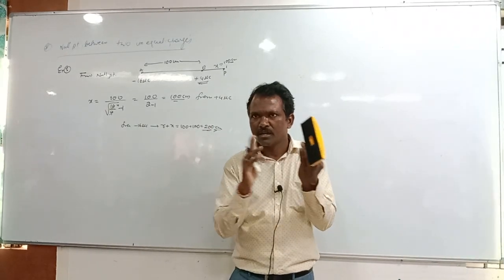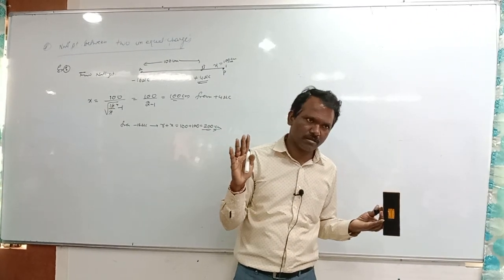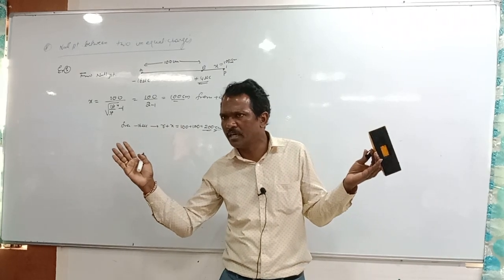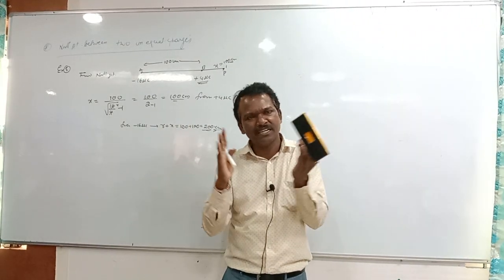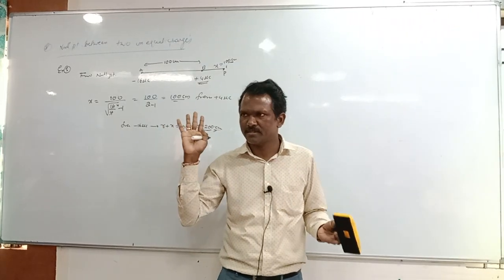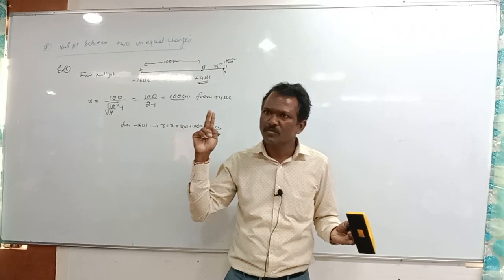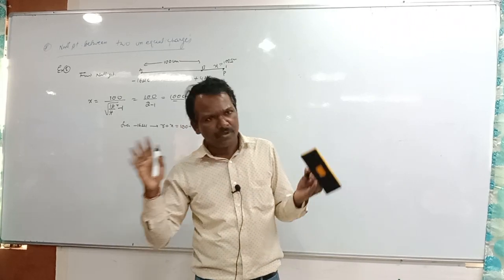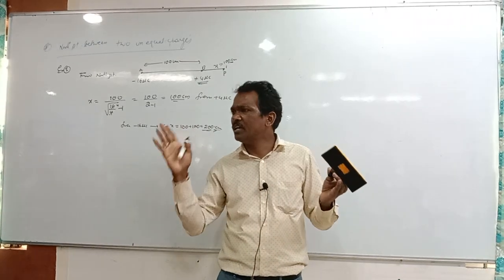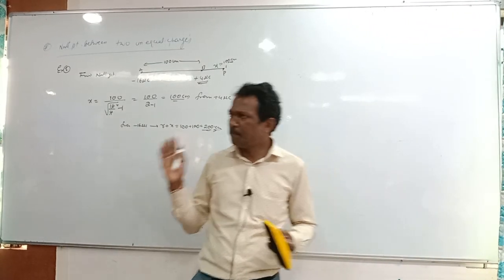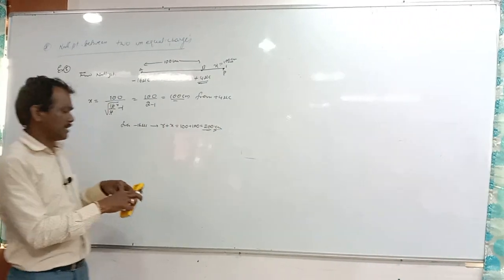Second point is the distance between the charges. As the distance increases, force automatically decreases, and as it decreases, force increases. And third point is it also depends on the medium present between the charges. How it depends, let us see here.